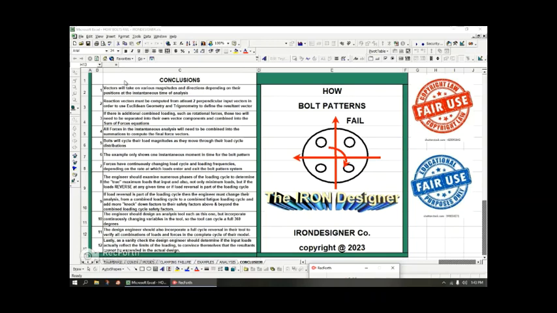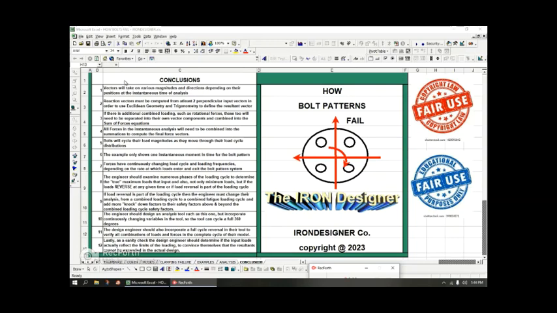Number 2, reaction vectors must be computed from at least 2 perpendicular input vectors in order to use the Euclidean geometry and trigonometry to define the resultant vector, and I explained that. If there is additional combined loading, such as rotational force, those too will need to be separated into their own vector components and combined into the sum of forces equations.